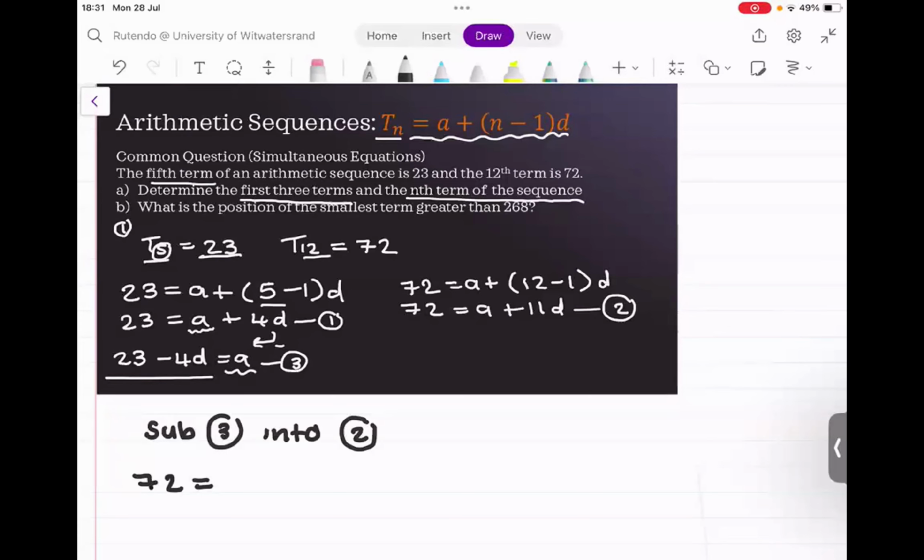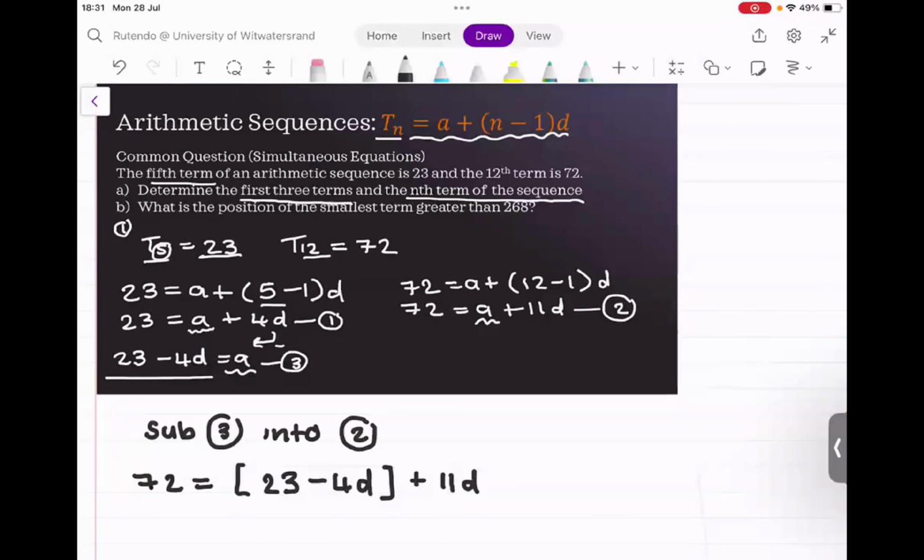So wherever I see an A over here, I'm going to substitute in 23 minus 4D plus 11D.